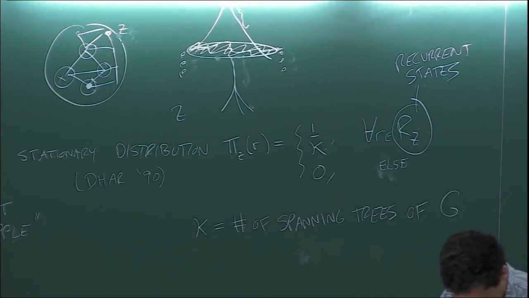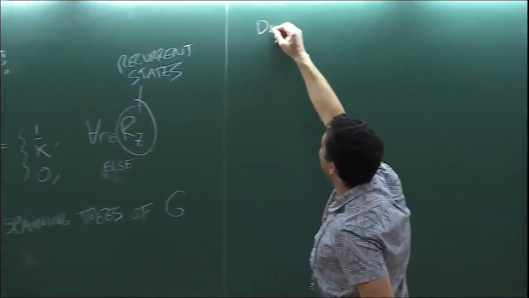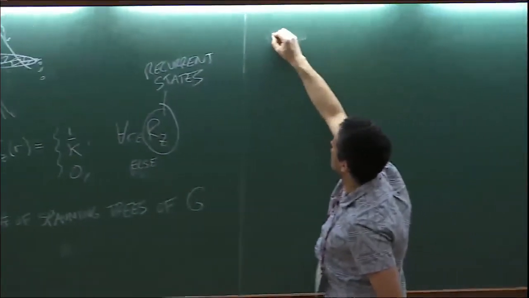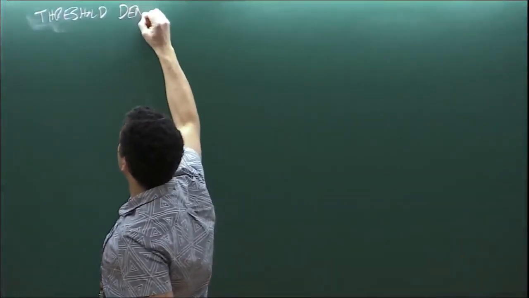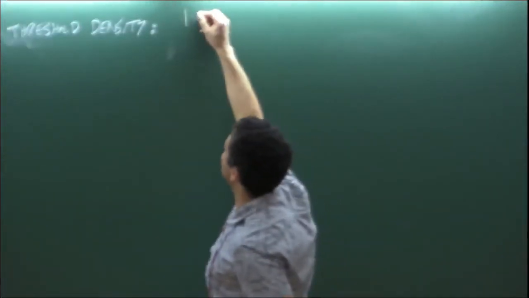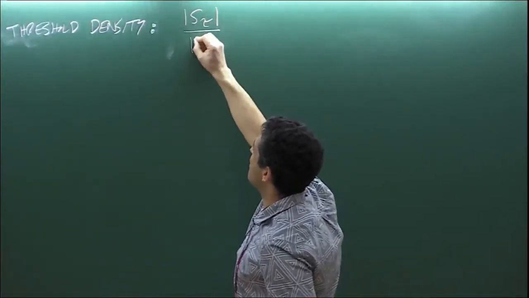Questions? There's various statistics you could compare for these two chains, but let me just perhaps unfairly focus on one particular statistic, the density. So each chain has a density. There's a threshold density, which is basically how much sand is there in the threshold state, divided by the number of vertices.